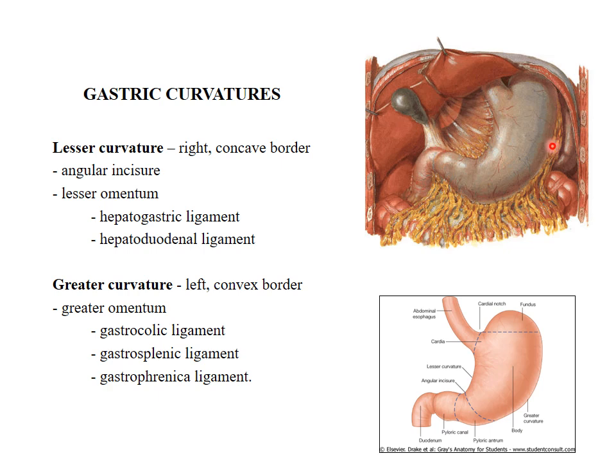The left border of the stomach is the greater curvature, and this is the place for the attachment of the greater omentum.